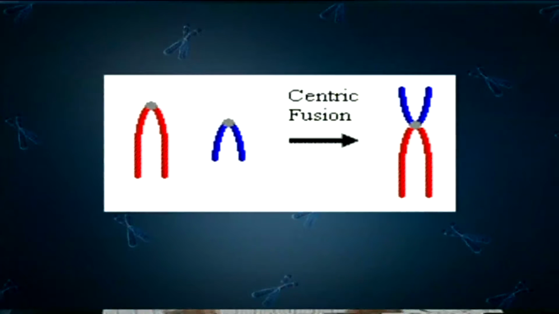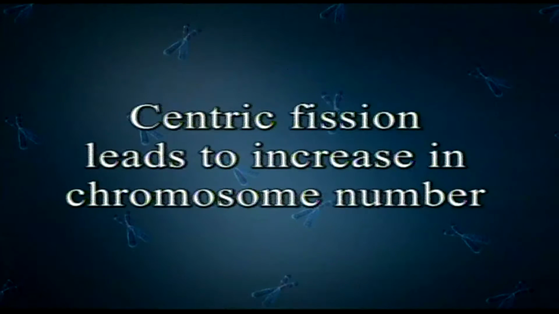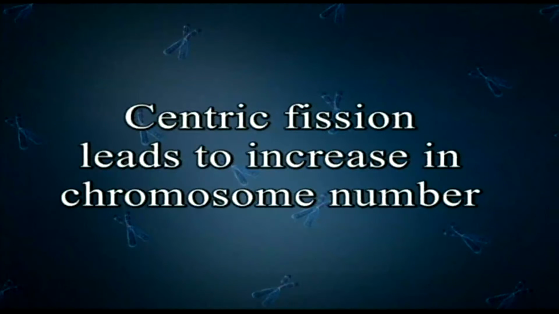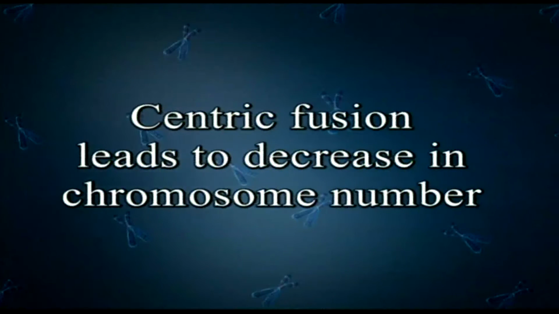Both these events lead to change in chromosome number. Centric fission leads to increase in chromosome number, centric fusion leads to decrease in chromosome number. Therefore, this leads to change in karyotype composition of a species.